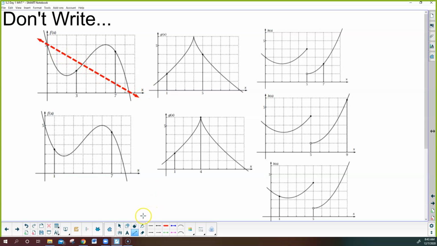Is there another point on this line, or maybe there's more, where the average rate of change is equal to the slope of the tangent line? And look at right here. Right there at this point, this tangent line is parallel to the average rate of change line. And there's another one right up here. So actually, I've got 2 points.